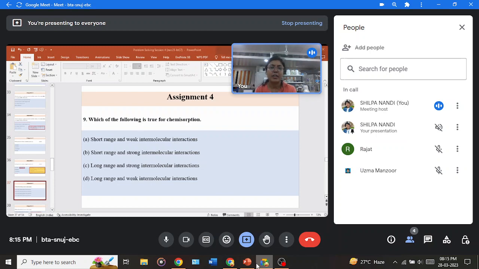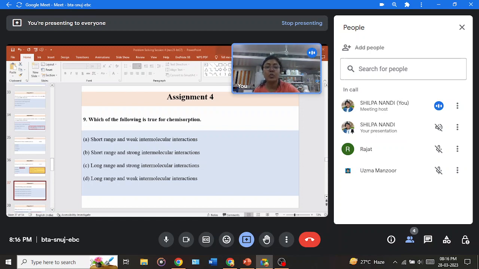Sorry if I misspelled, it should be interactions. So whether chemisorption is short range and weak, or short range and strong, or is it long range and strong, or long range and weak?